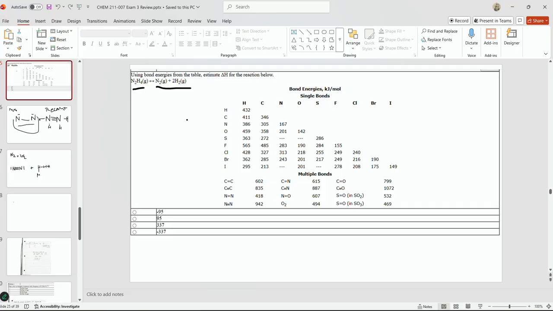Okay, bonds being broken. But this is the same, we don't account for that. This and this is connected. This and this is connected. Okay, yeah. So we only need to break 1 bond to connect with that one.